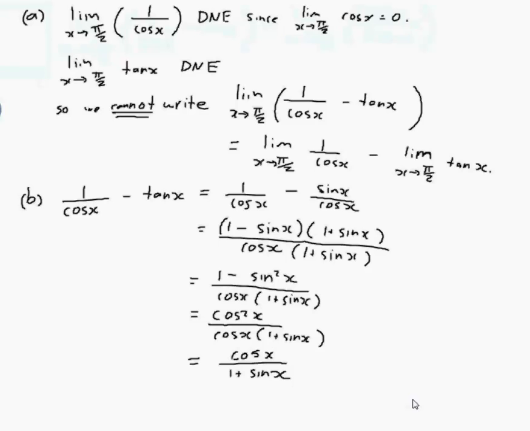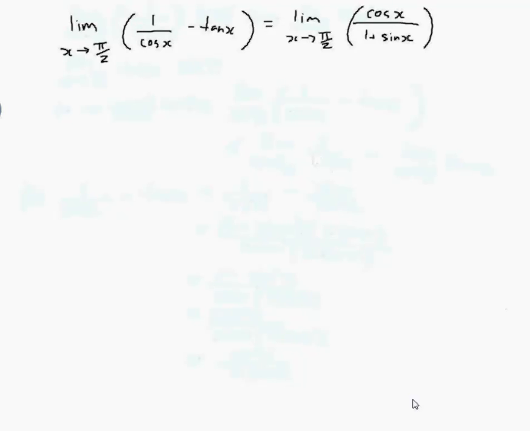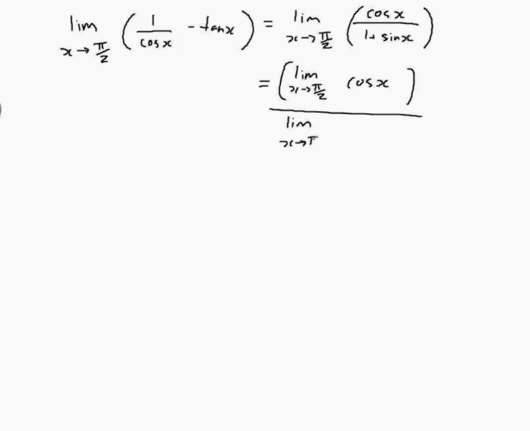Let's go back, yes, I did copy down my formula correctly. So that's equal to the limit as x approaches pi on 2 of cos x over the limit as x approaches pi on 2 of 1 plus sine x. I can split that up using the limit laws now because both of those limits exist and the bottom one's not 0. So that's just cos pi on 2 on 1 plus sine pi on 2.